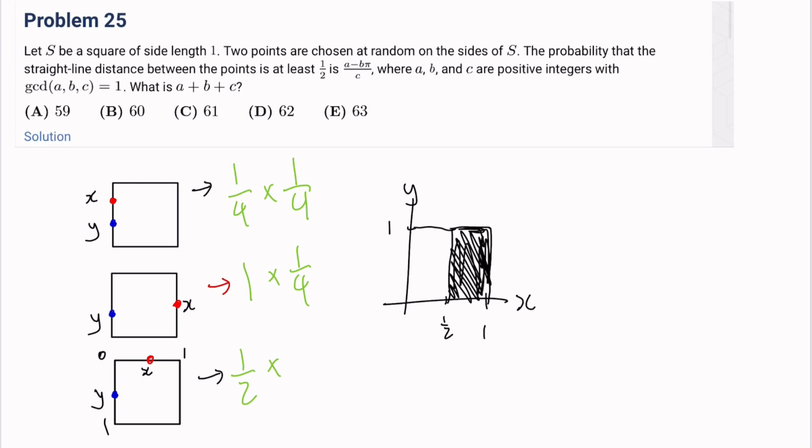Same thing when y is going from 1/2 to 1, then x can be anywhere from 0 to 1 also, by the same principle. So like that, and so this must also become shaded, right? And so for this part now, what happens if both x and y are within 1/2?